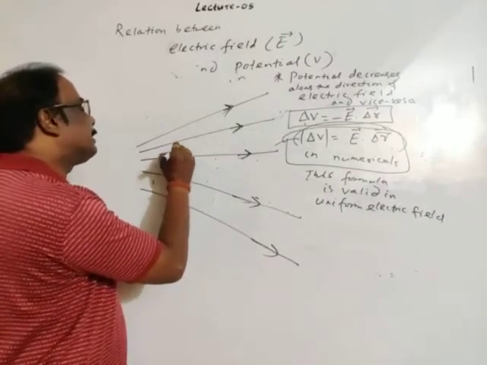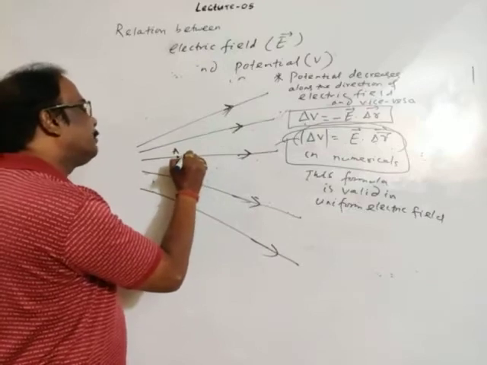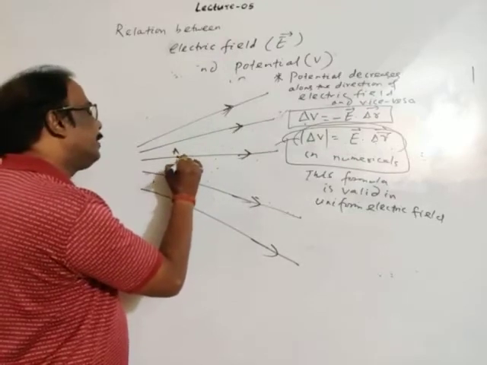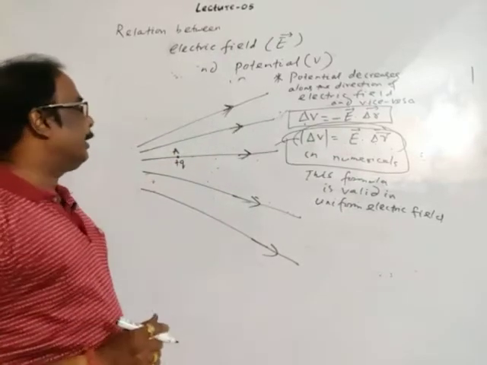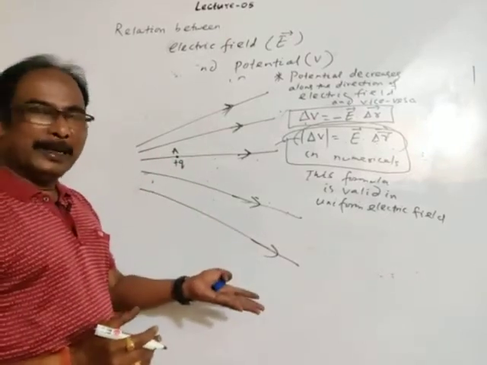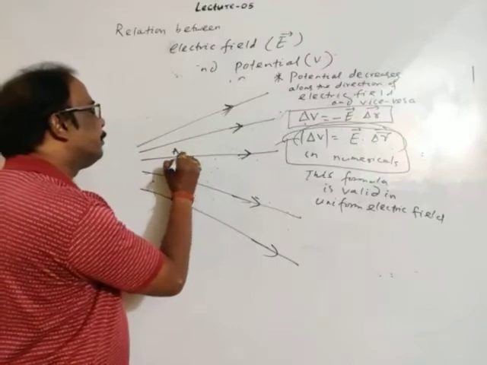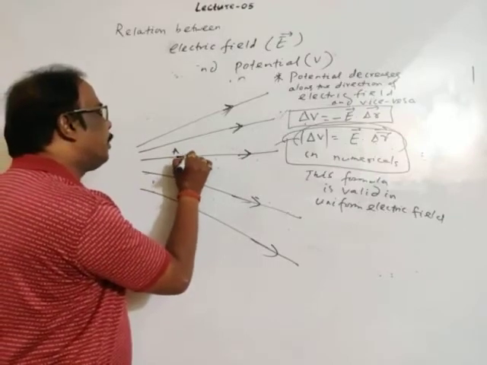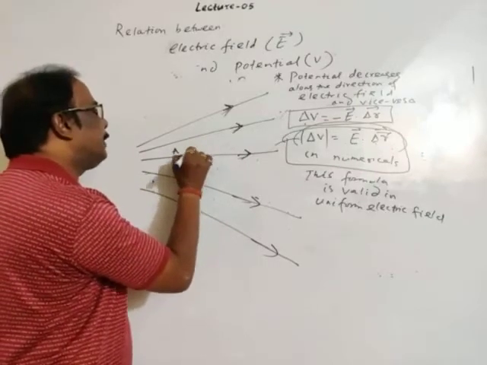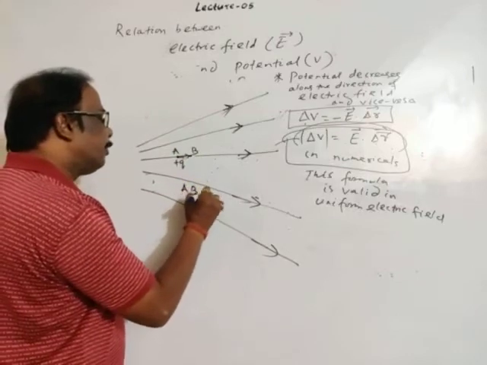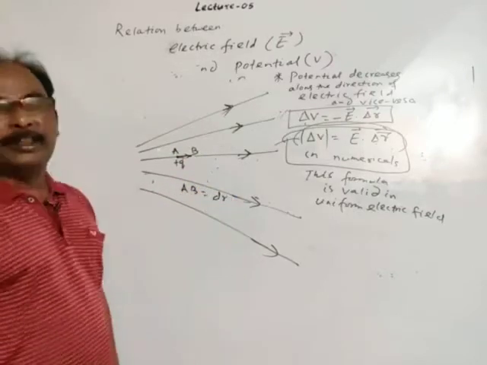This point is A, and here we have placed a unit charge. Let it be displaced through a very small displacement to a point B. AB is dr. dr is very, very small.